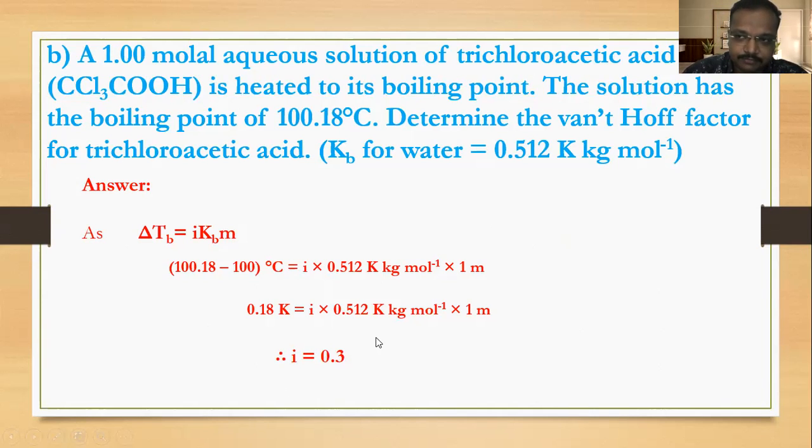If i comes to 2, you have to understand that the substance is totally divided. Suppose you add NaCl, it completely dissociates into Na positive and Cl negative ions, and then of course the i value will be 2. Certain points to be remembered, that's what I'm telling. Is it clear?